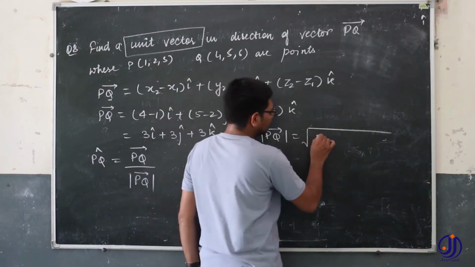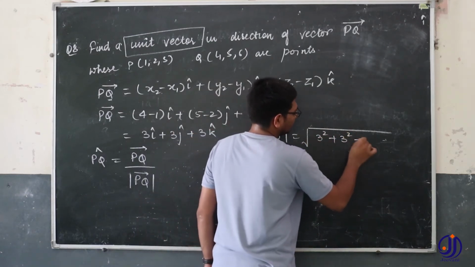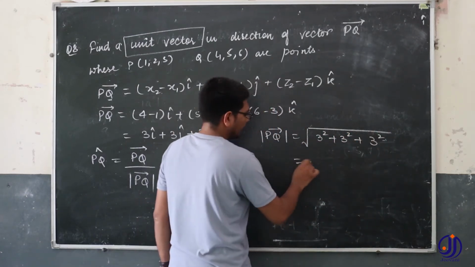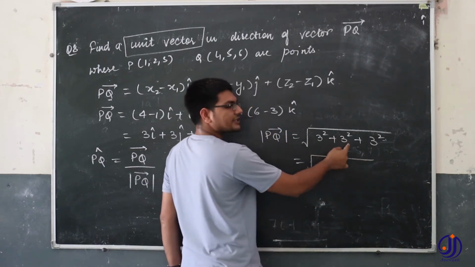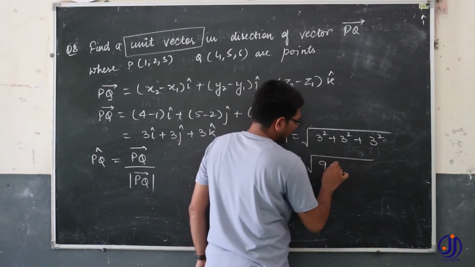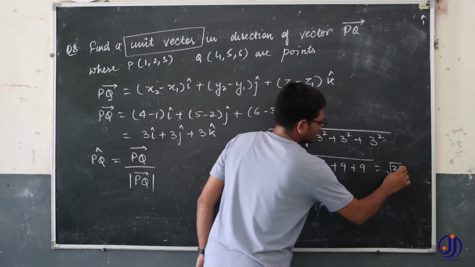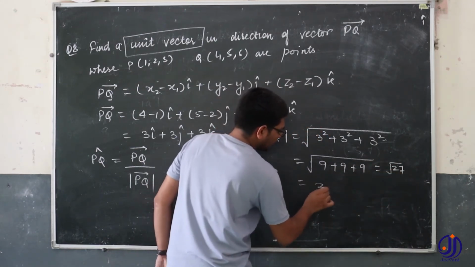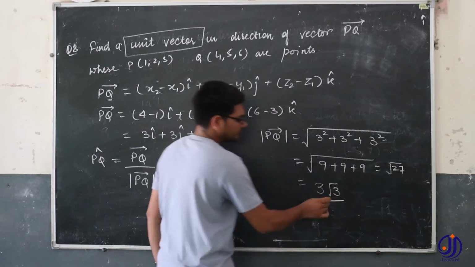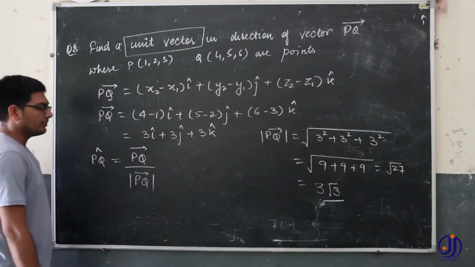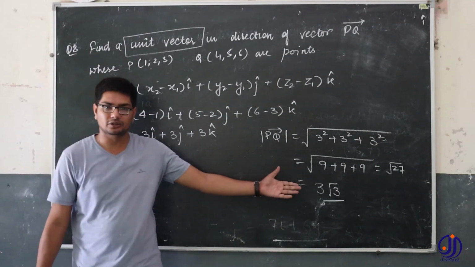Right? 3 square plus 3 square plus 3 square, that will be 9 plus 9 plus 9, that becomes root 27. Now you all know that root 27 can be written as 3 root 3. So the magnitude of PQ comes as 3 root 3.